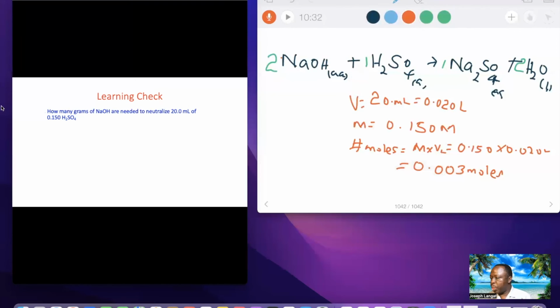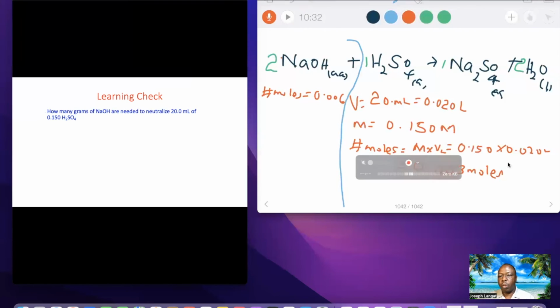So the only thing we will relate is the number of moles, which is 0.006, because it is 2 to 1. So if I know this, I'll just multiply by 2. In fact, that is all we need to answer the question, how many grams?